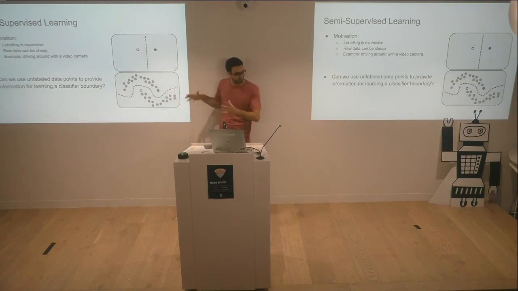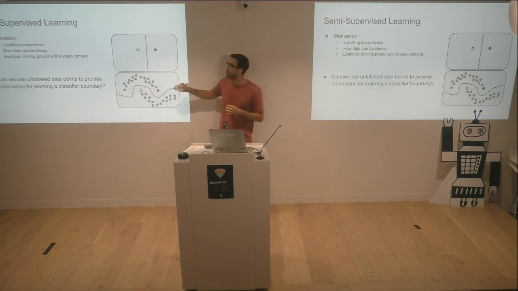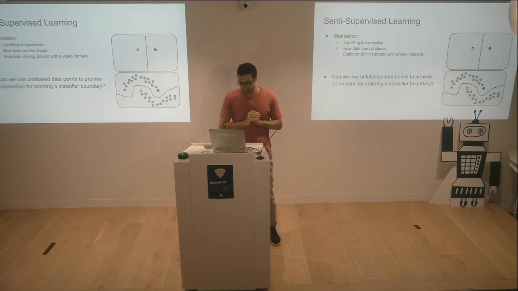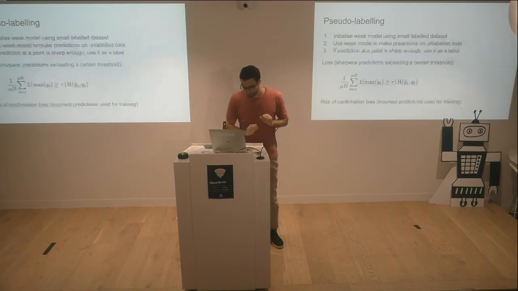I can use that to come up with a boundary that's better than the one I would have come up with if I only had those labeled examples. So that's the distinction between few-shot and semi-supervised.